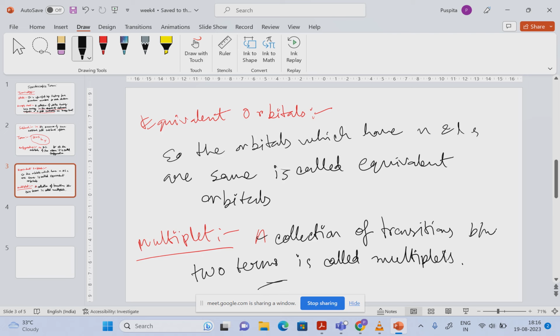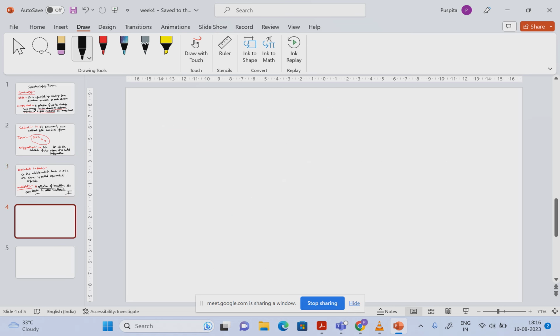So a multiplet consists of a number of lines. One transition is a line. A collection of transitions is called a multiplet, or for a single line, you can call it a singlet also.